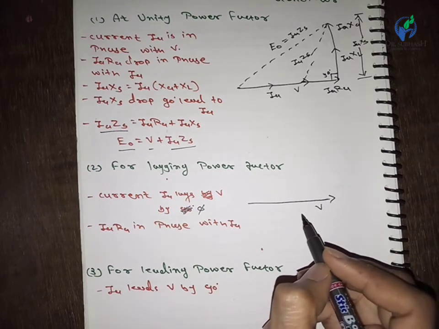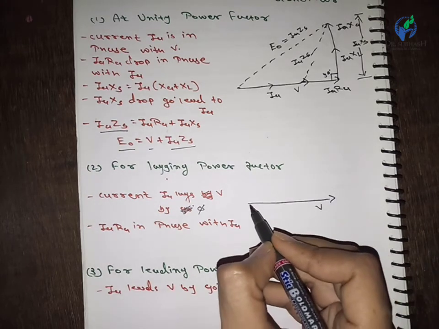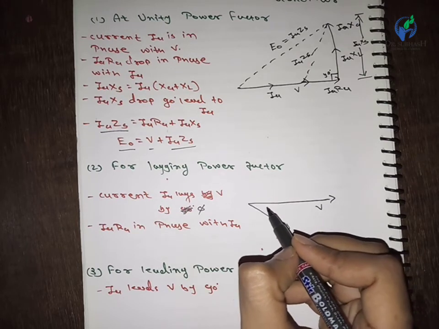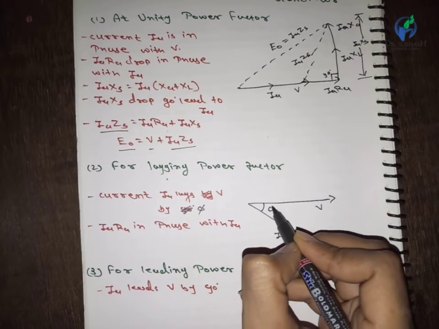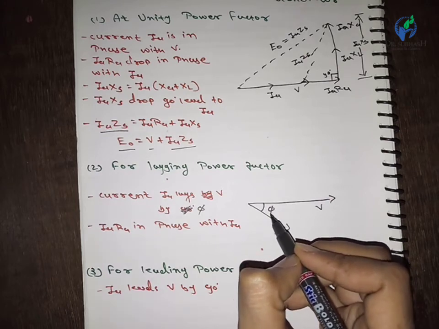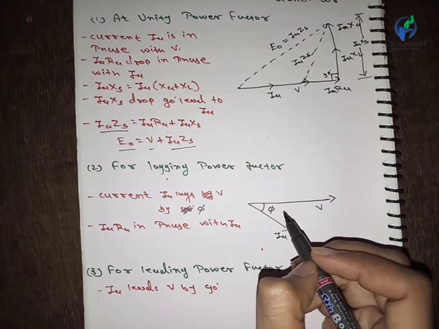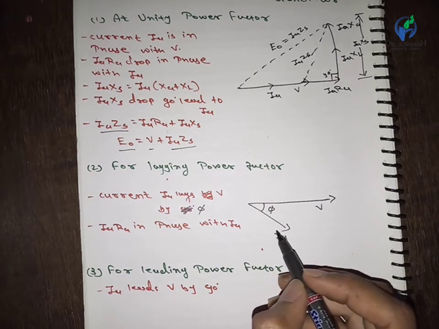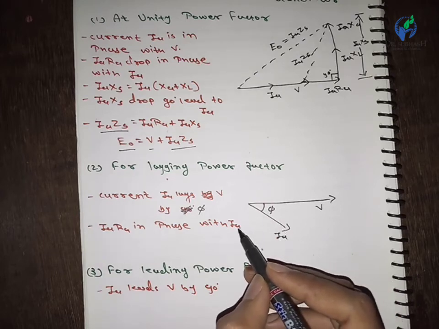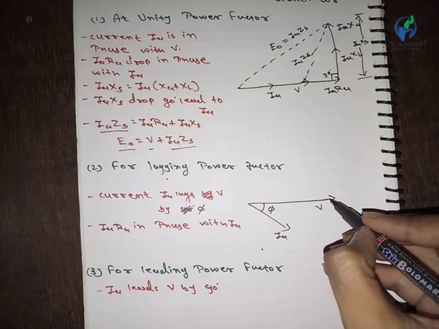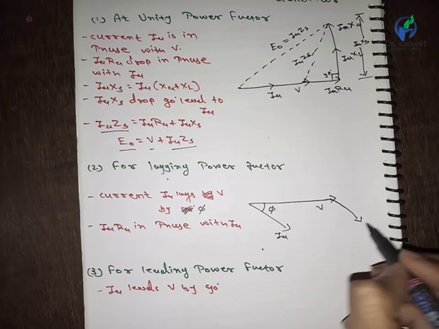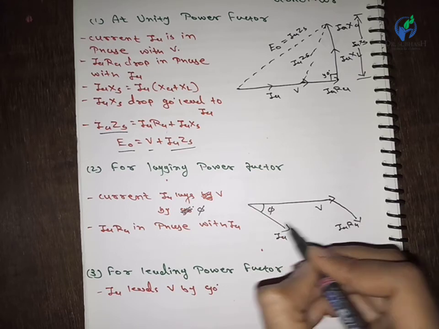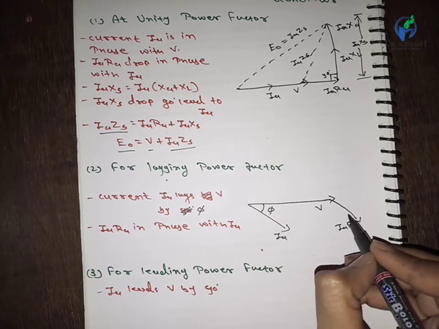So when we draw the voltage line V and the current line Ia for lagging, there is an angle phi between them. Here the armature current into resistance, Ia into Ra, is in phase with Ia. So both are in phase with each other.